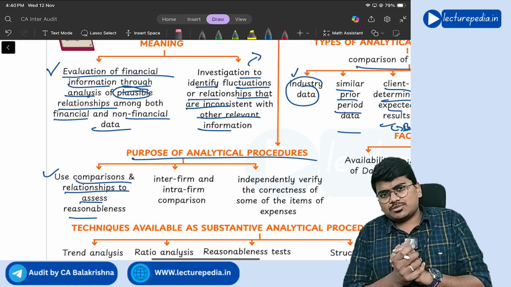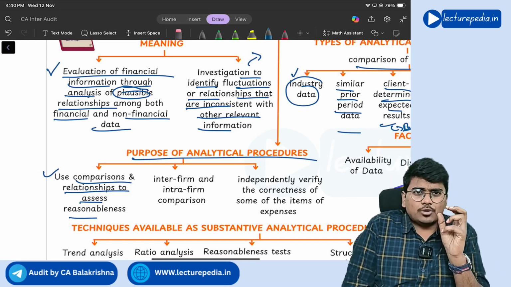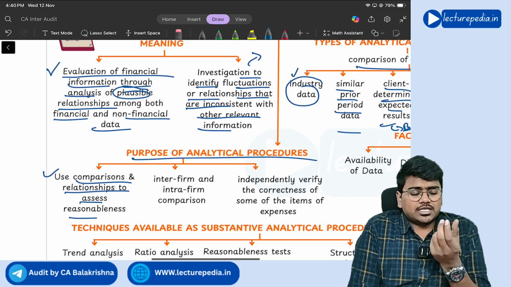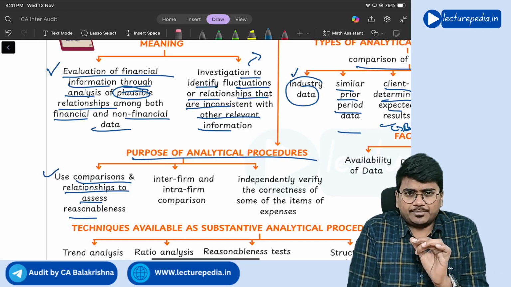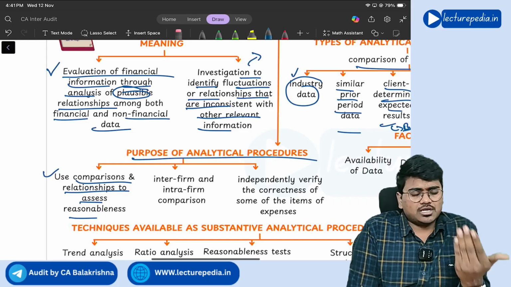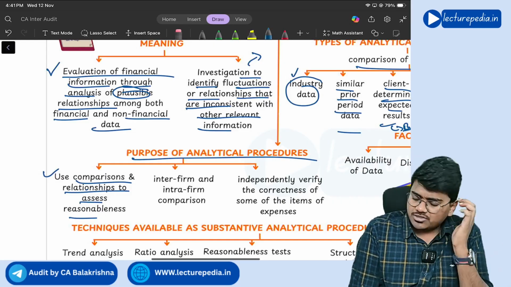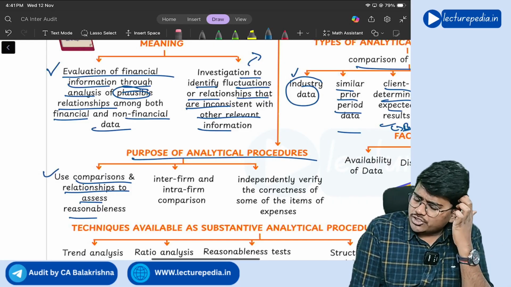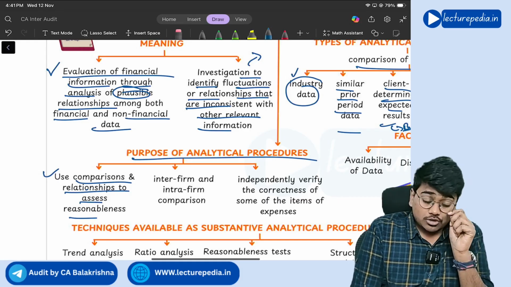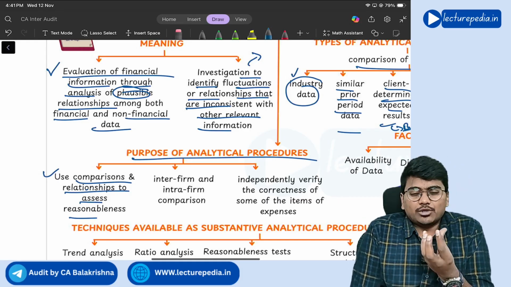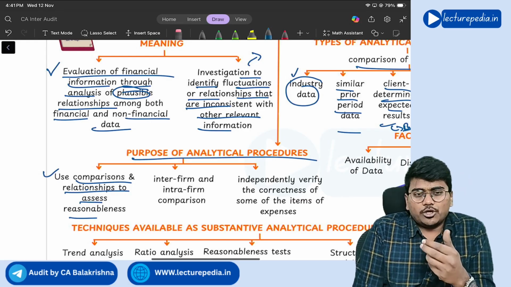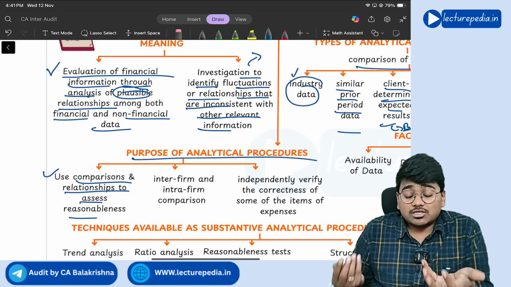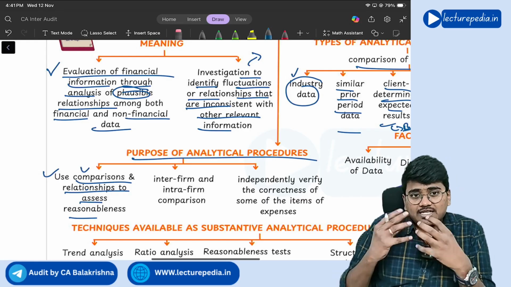So reasonableness means you have expected that 1.2 crore should be the reasonable amount of salary based on your calculations of average number of employees and average salary. So reasonably it should be approximately 1.2 crore. So you have arrived at a reasonable amount that should be there in the P&L. If it is exceeding or below it, you will investigate, right? So that is one of the purposes, to expect a reasonable amount.